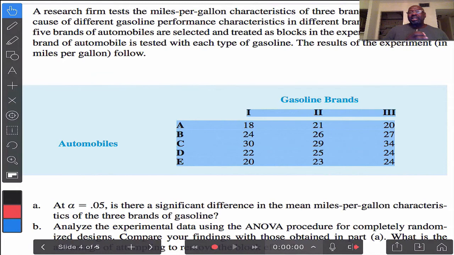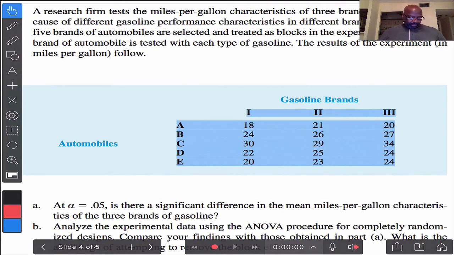You're helping to extract some of the other noise in the data by isolating variation due to the types of cars. Before, with a randomized design, we were not able to isolate variation among the cars. Now that we have kept the same cars and repeated the experiment, we can isolate the variation due to the cars.